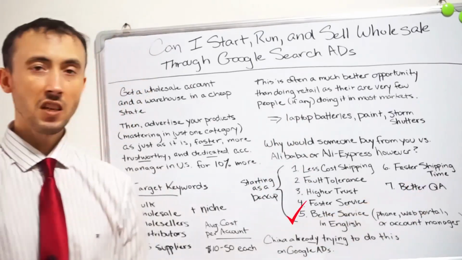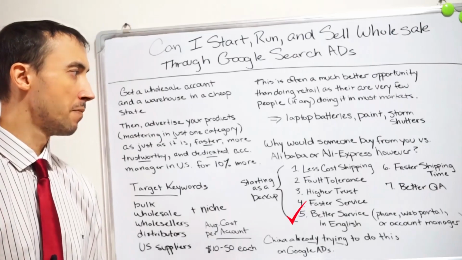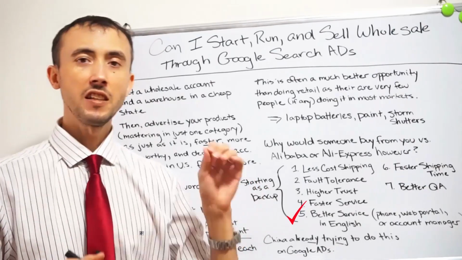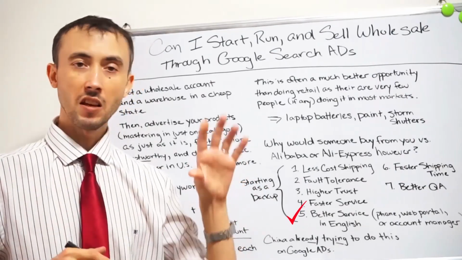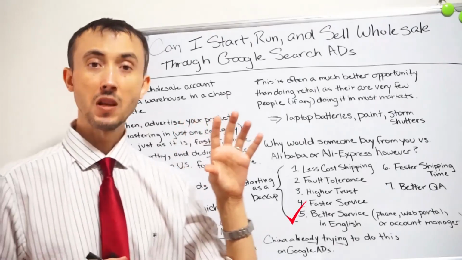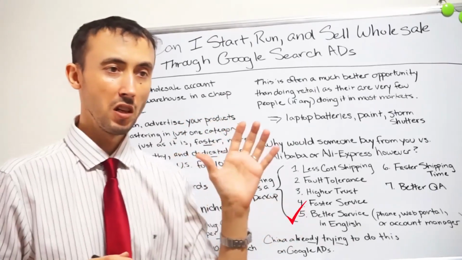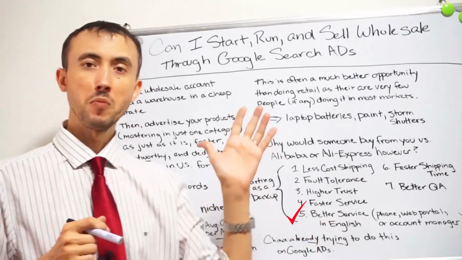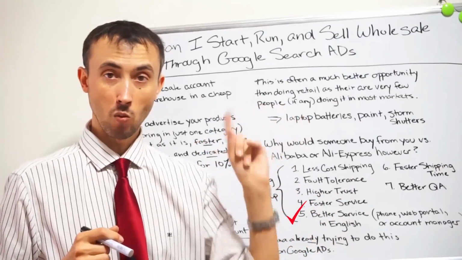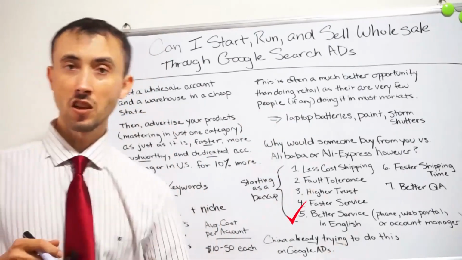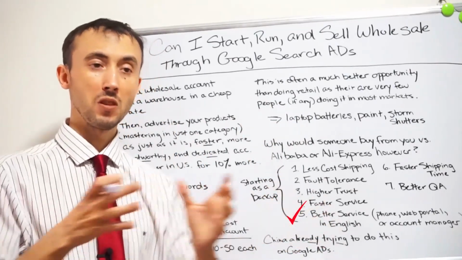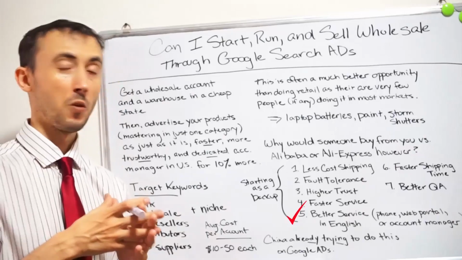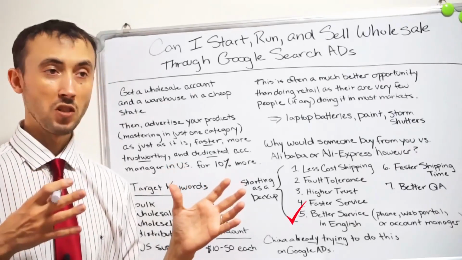Number 6, faster shipping time. Particularly as you get bigger, you can do warehouses on the East Coast and West Coast, and you can get stuff to people, generally speaking, if it's an emergency, in one day. Versus the fastest you're going to get it from China, even if you have something small enough to ship via air without it costing too much, which doesn't take much.